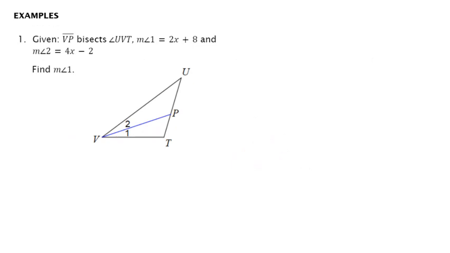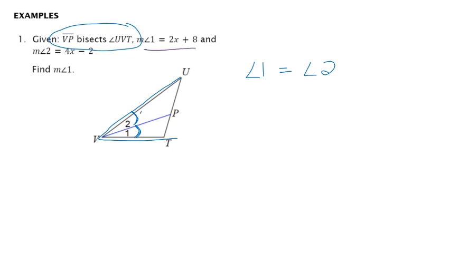In the example we're given, again, it's kind of just decoding what this is saying. So VP bisects UVT. So UVT is this angle right here. So if it's bisected, that means that angle 1 and angle 2 are the same thing. They're the same measurement. We're then told that angle 1 is 2x plus 8.